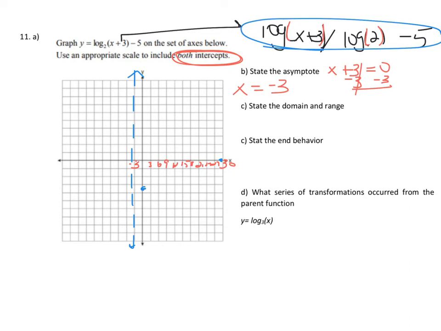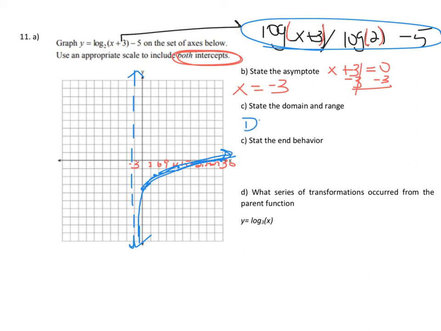I plotted 5, which is almost at 2, and then between 12 and 15, which is 13, I think it was around 1. And I get this graph. You get these points off your table, along with this intercept and that intercept, because that's what they want.